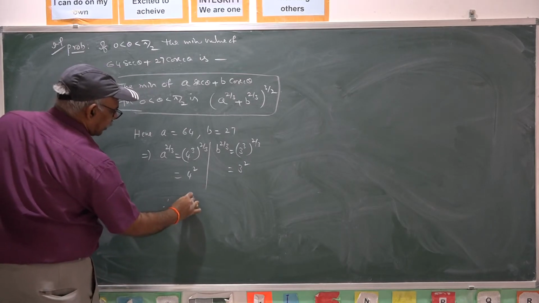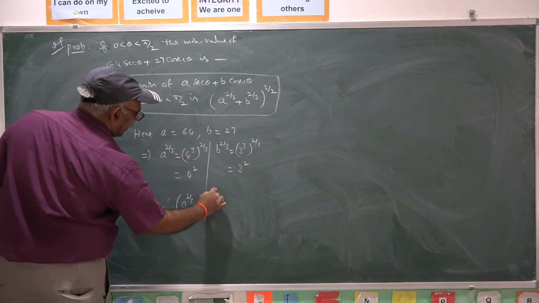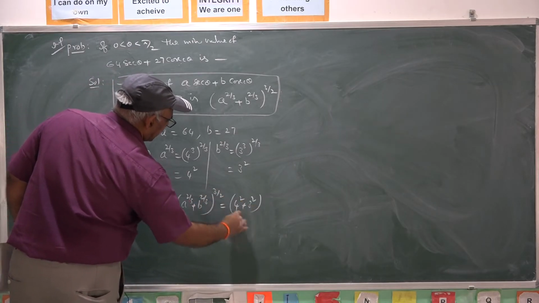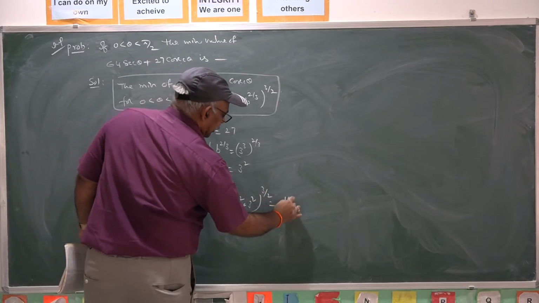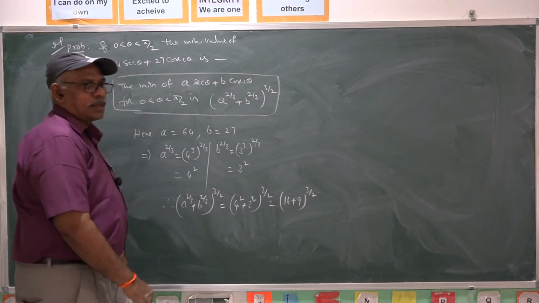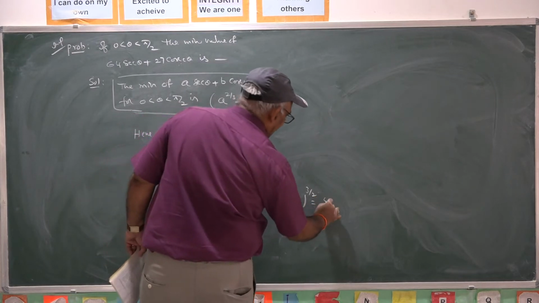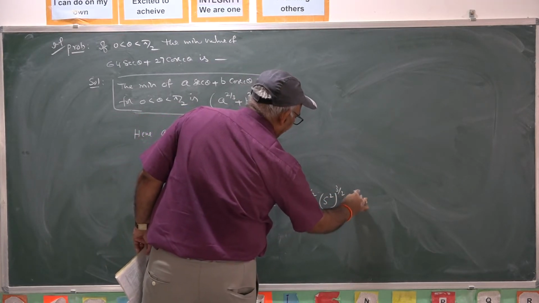Hence (A power 2 by 3 plus B power 2 by 3) whole power 3 by 2 is (4 square plus 3 square) whole power 3 by 2. 4 square is 16, 3 square is 9, 16 plus 9 is 25, 25 is 5 square. (5 square) whole power 3 by 2 is 5 cube, 125.